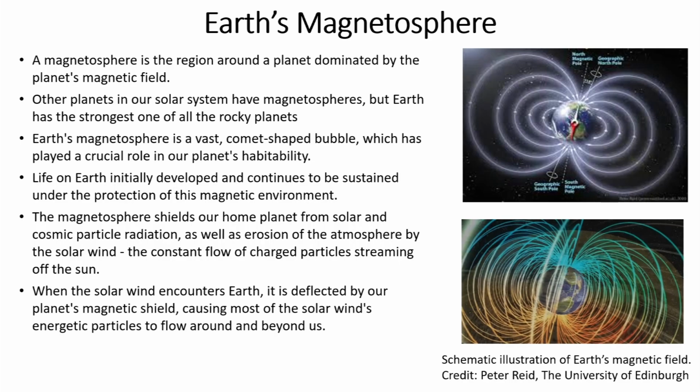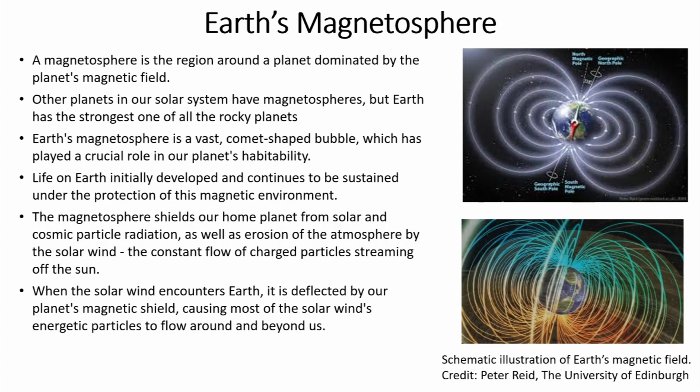When the solar wind encounters the Earth, it is deflected by our planet's magnetic field. As we have already seen in the earlier illustrations, it cannot directly enter Earth's space; the magnetic field deflects it.